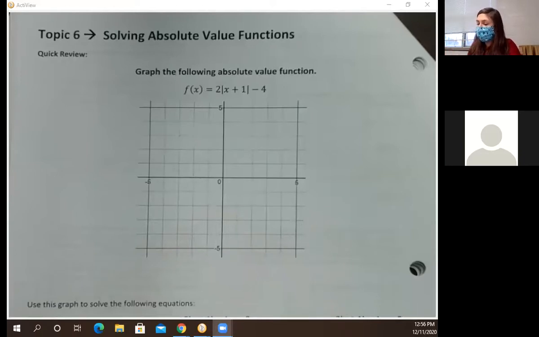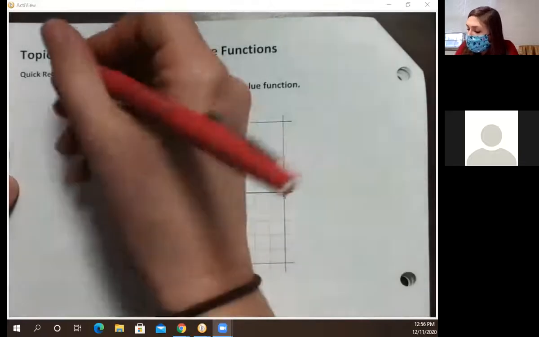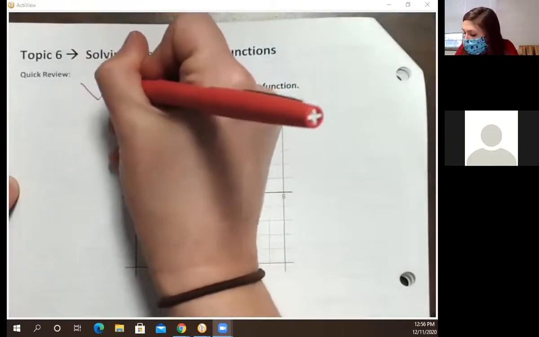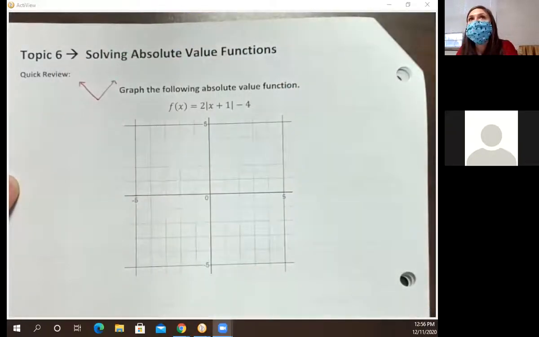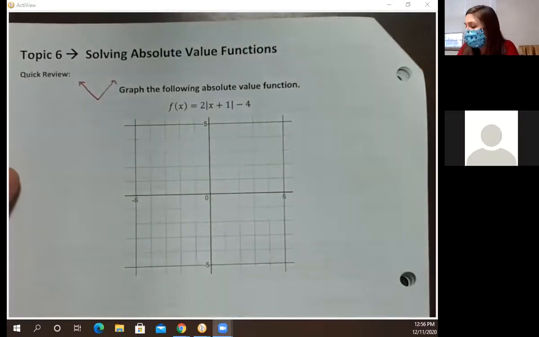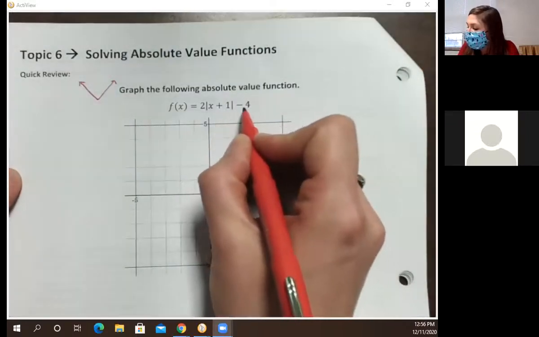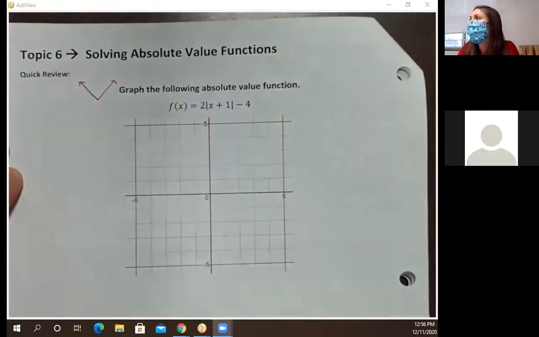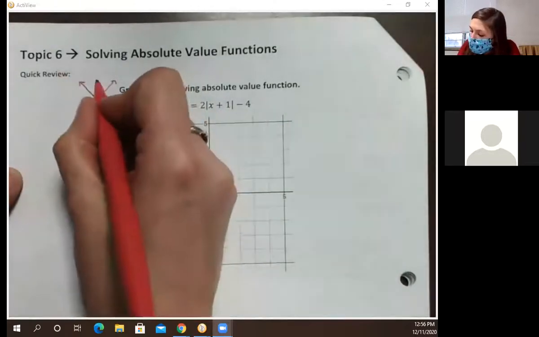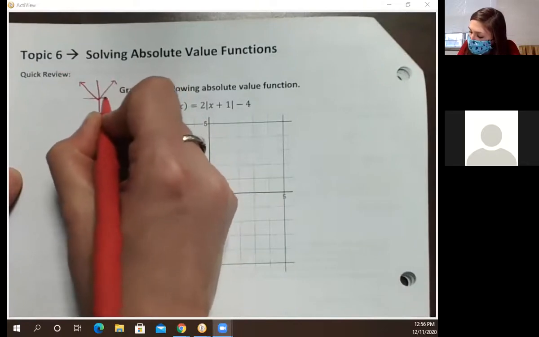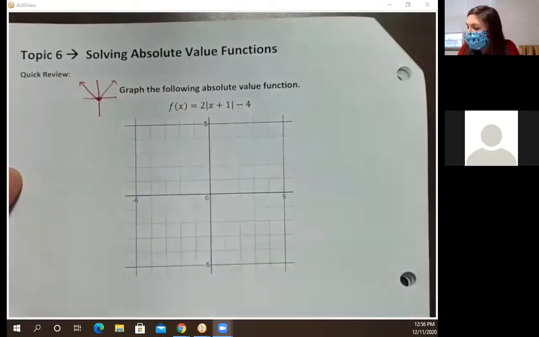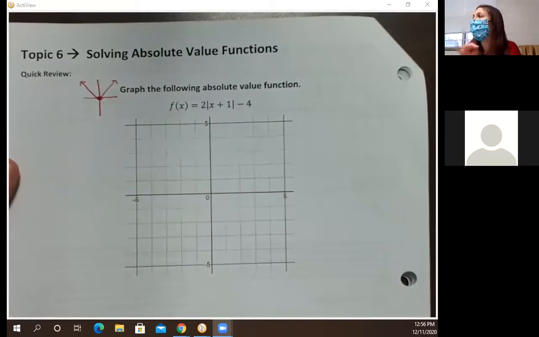But just as a quick refresher, remember that an absolute value function is V-shaped. And then because I'm adding and subtracting and multiplying by numbers sprinkled throughout this function, I'm not going to have my parent absolute value function with the corner of my V at the origin, but it's going to be moved somewhere.